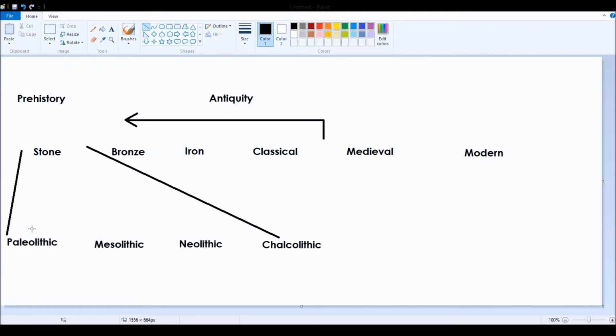So what I'm trying to say here is that it's not always an easy path that you can just say a culture advances from Paleolithic, then Mesolithic, then Neolithic, then Chalcolithic, then Bronze Age, Iron Age, Classical era, Medieval era, Modern era, then Postmodern, if you like to put that in there. It's not something that's clear like that.